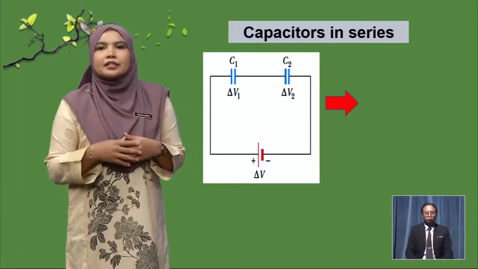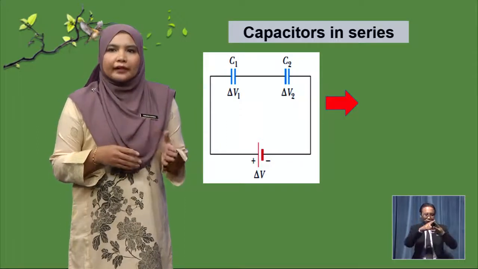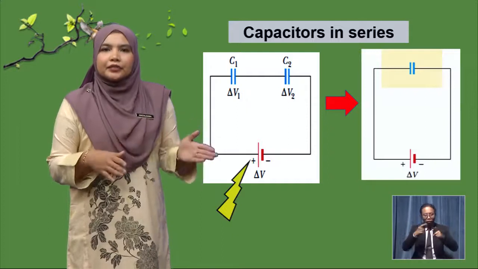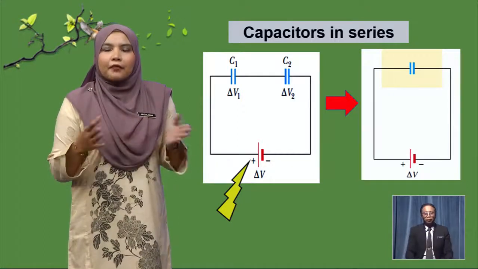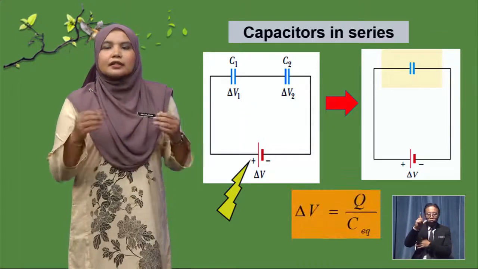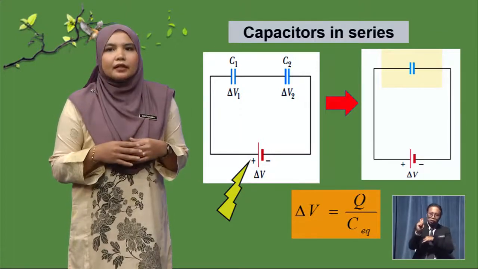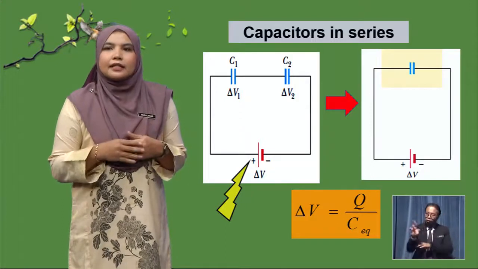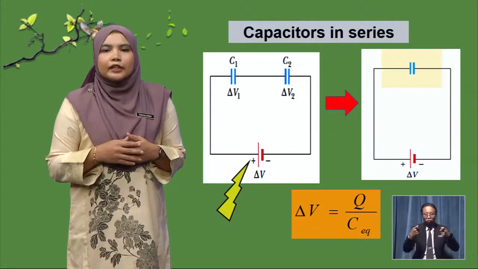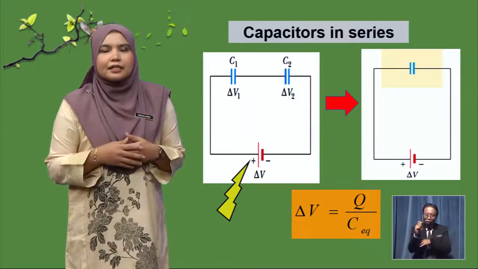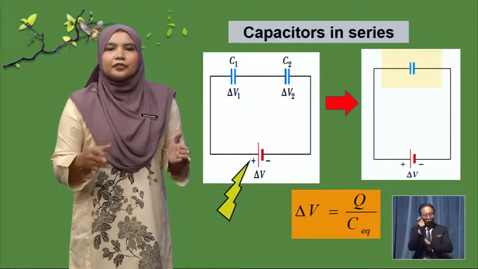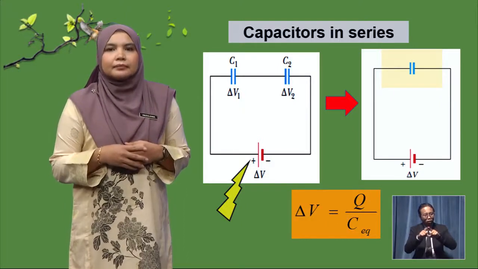As the series combination is connected to the battery, the potential difference across the equivalent capacitor delta V is equal to the charge stored on the equivalent capacitor divided by the equivalent capacitance.